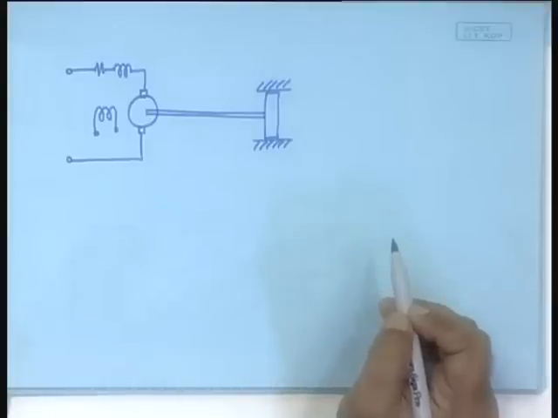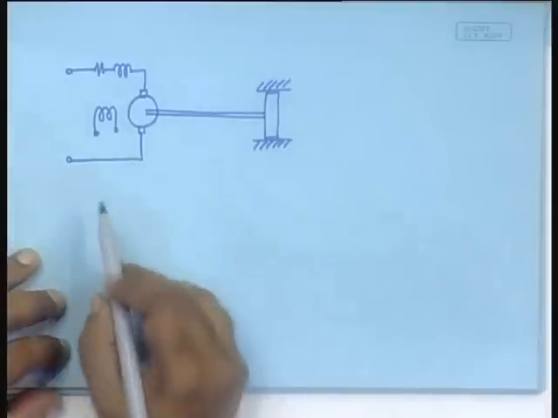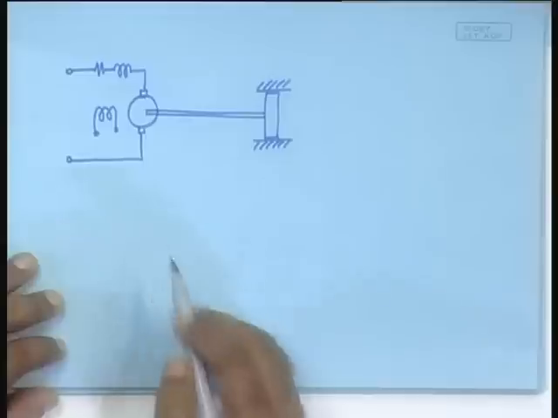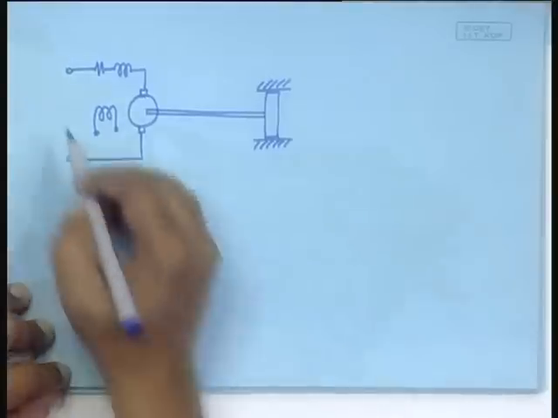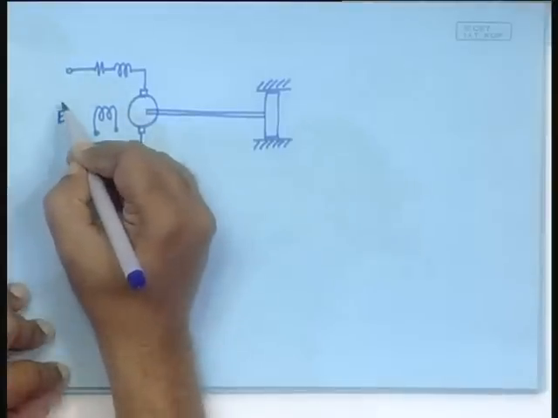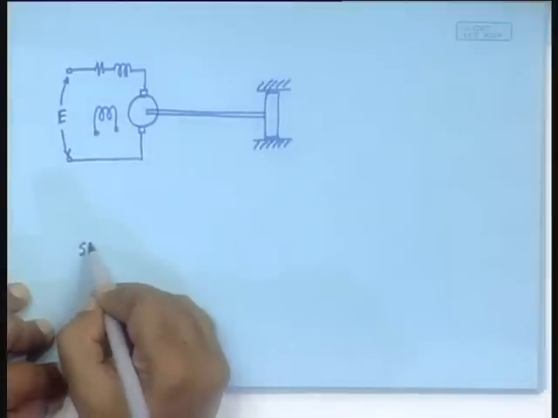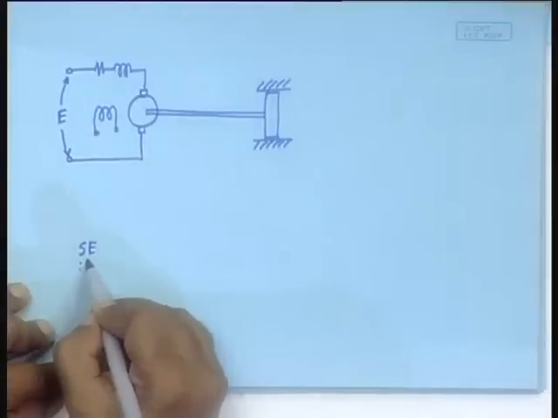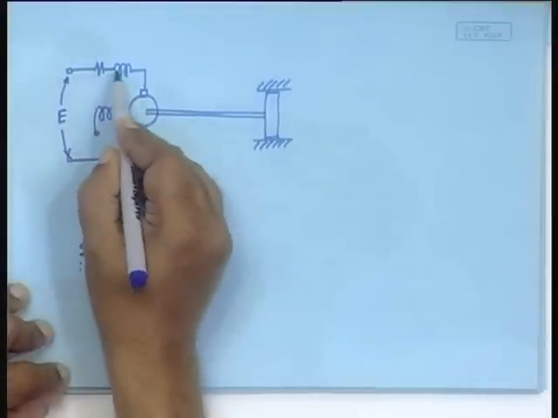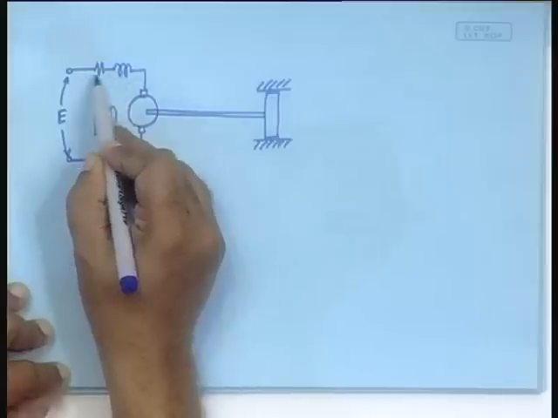That was the system description. Now, when we obtained the bond graph, how did we go about it? We started from the applied voltage here. It would be AC, which is E, connected in series with the inductance and the resistance.